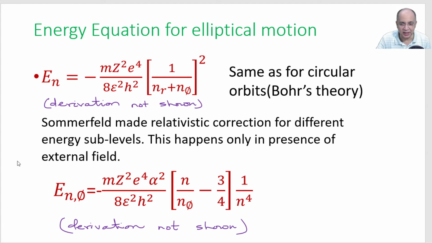This is particularly for when there is an external magnetic field. When there is no magnetic field, there are no different energy values, but when there is a magnetic field, there will be different sublevels. Each sublevel has different energy values, so you have to use this equation.